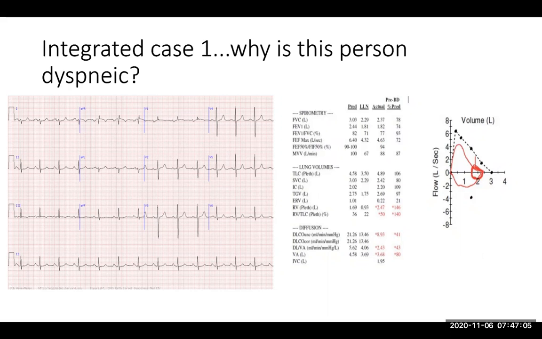So first, we're looking at the FEV1 to FVC ratio, which looks like it's normal. Give me 1 second. I think we got rid of the echo. Sorry. Yeah, good. So the FEV1 to FVC is at 77, so that's going to be normal. Then we're going to look at the FEV1.